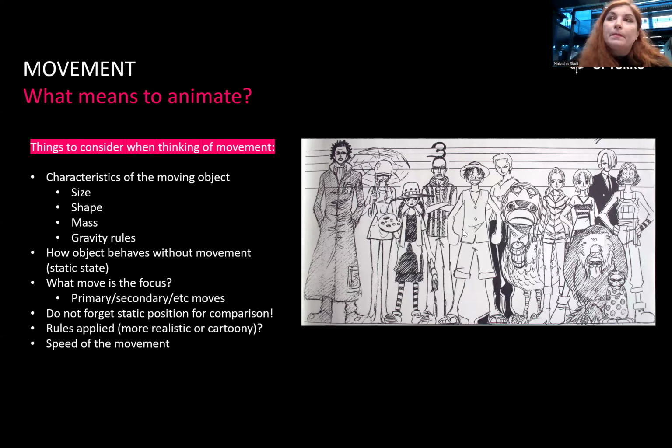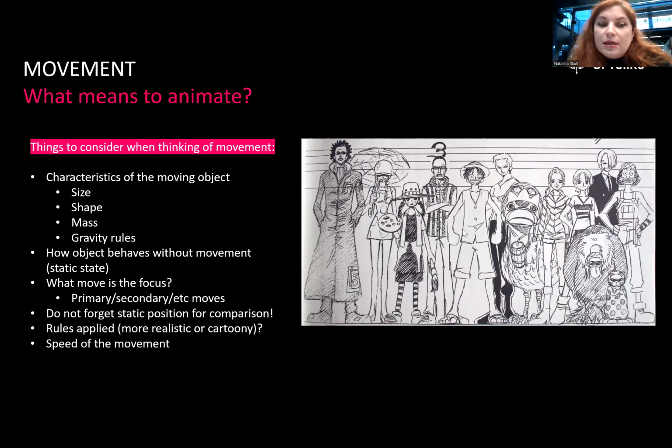So basically, the rules that you set for the world, how things behave within that specific world, will also determine what kind of movement there might be in a specific situation. So we are determining how the object behaves even without any movement. That's the static mode of the object.